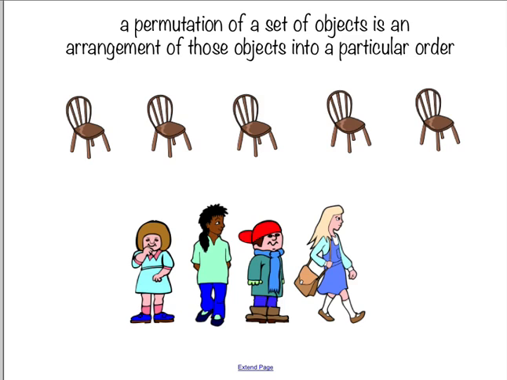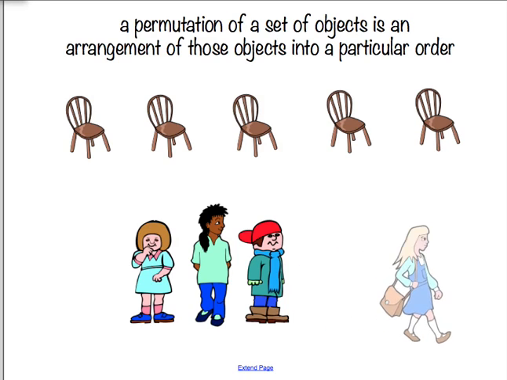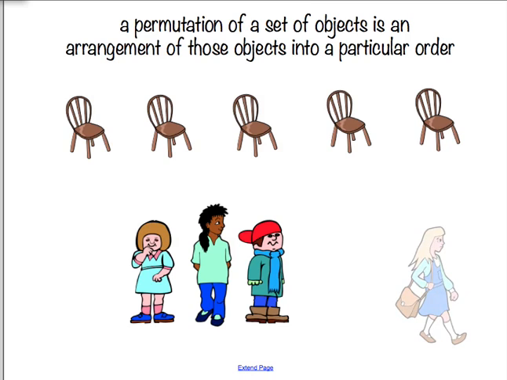8.2 deals more with when you've got a permutation of a group where there's more objects than there is actual people. And we call it a subset. So let's say this lady runs away. Okay? And we've now got 5 chairs for 3 people.